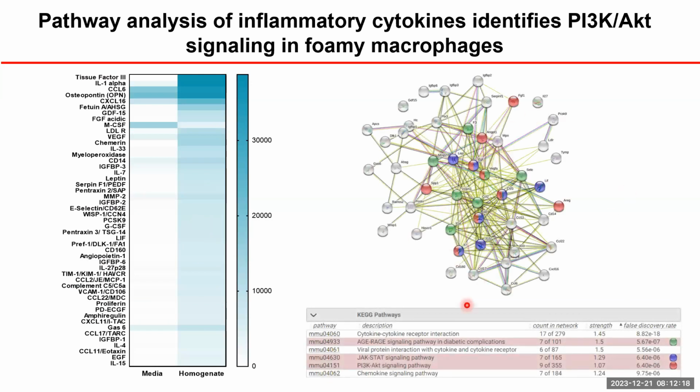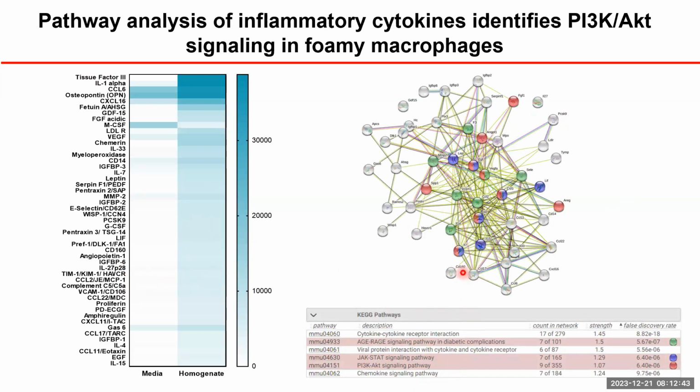And so we did that here. And then on the bottom highlighted here were the signaling pathways that came up. So there was a HRACE pathway, a JAK-STAT pathway, as well as PI3 kinase and AKT pathways that came up as potential signaling pathways responsible for these cytokine expression.